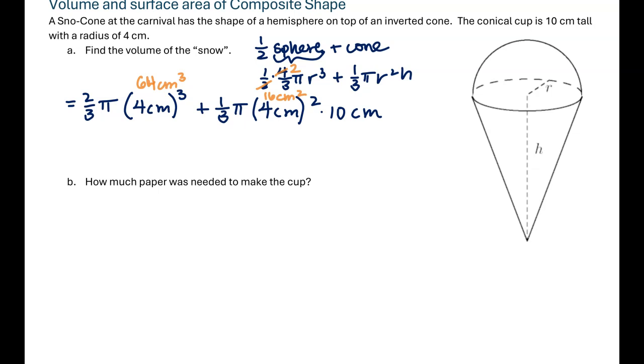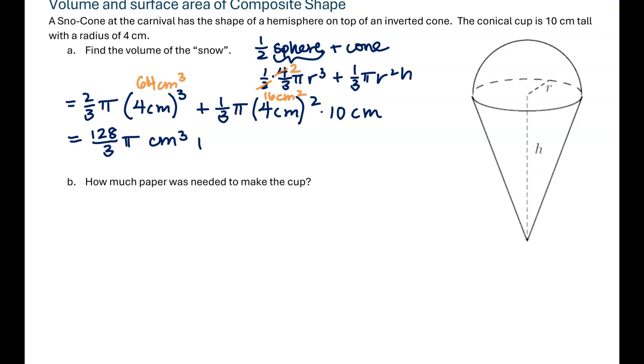I know I haven't been working with units in the formulas throughout, but it's sort of come into my memory that science teachers were asking about doing a little more of that as well, so I want to show you some of that. Okay, so I get 2/3 times 64. So 2 times 64 is 128 over 3 pi, and that's cubic centimeters.